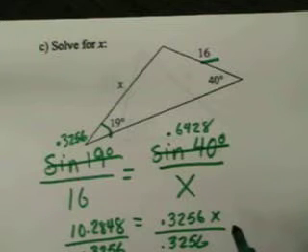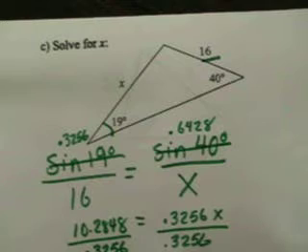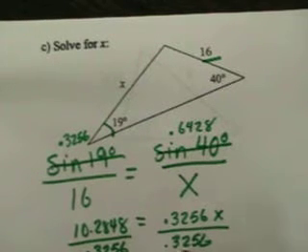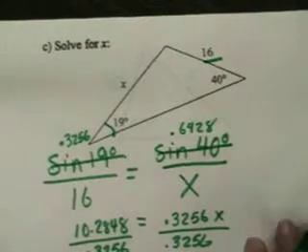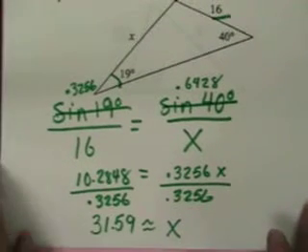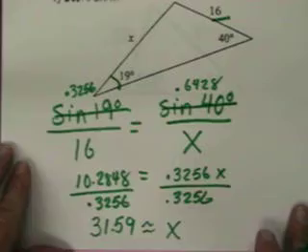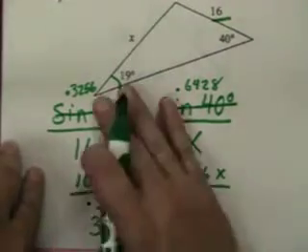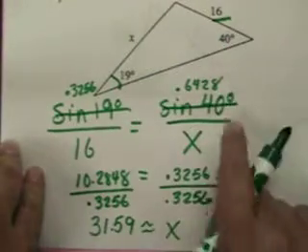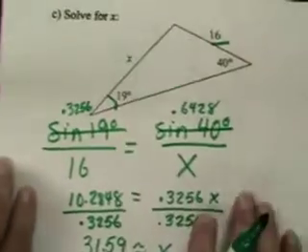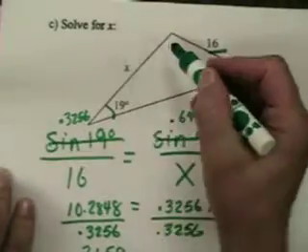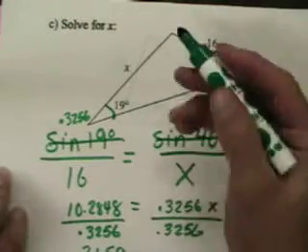And I get that x is about 31.59. There's the rest of the problem so you can see it. Law of sines: an angle, the side across from it, and another piece of information. Remember that in triangles like this, you could have found this angle if you needed to.